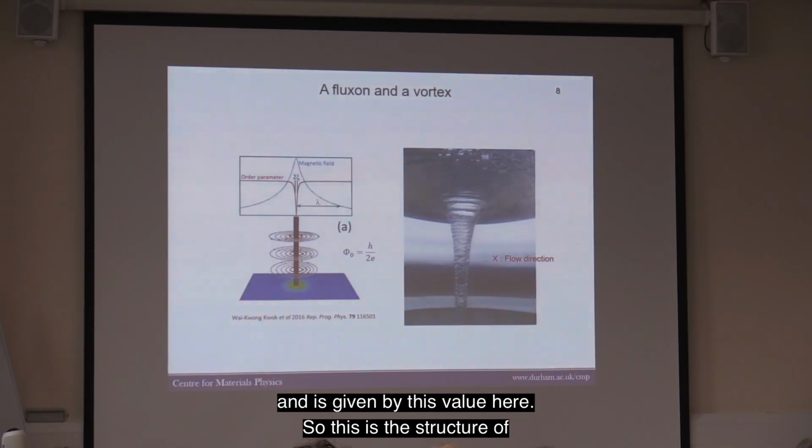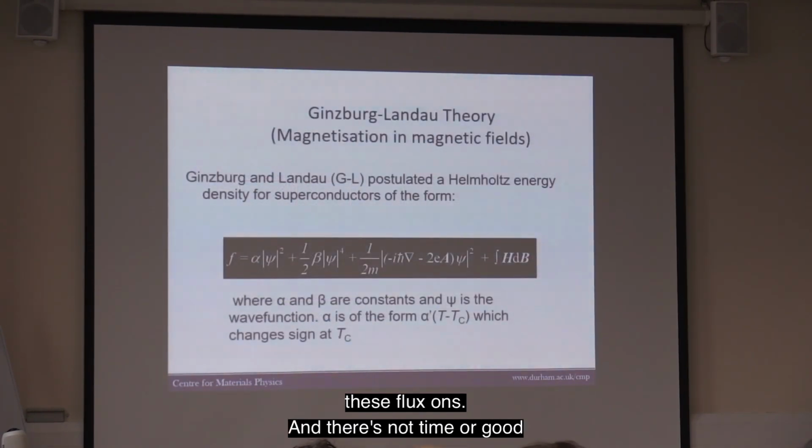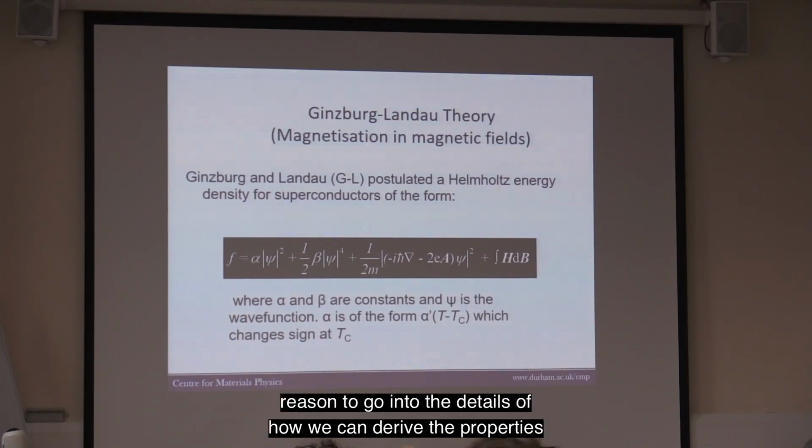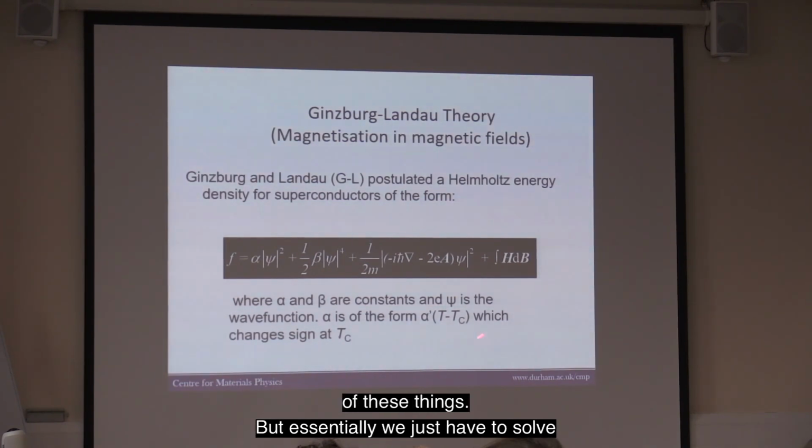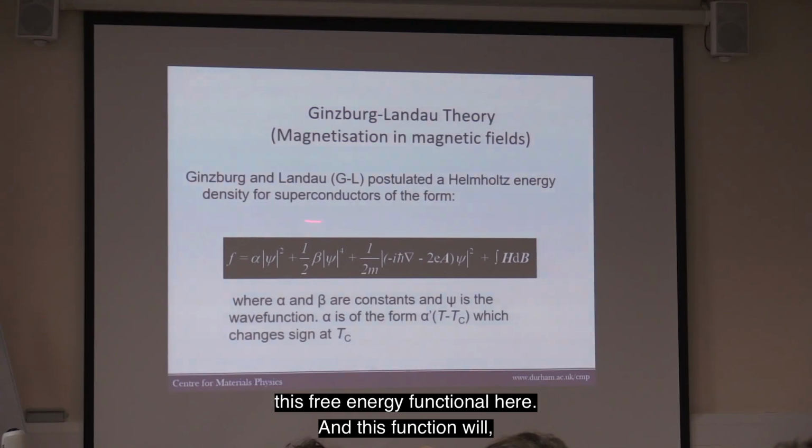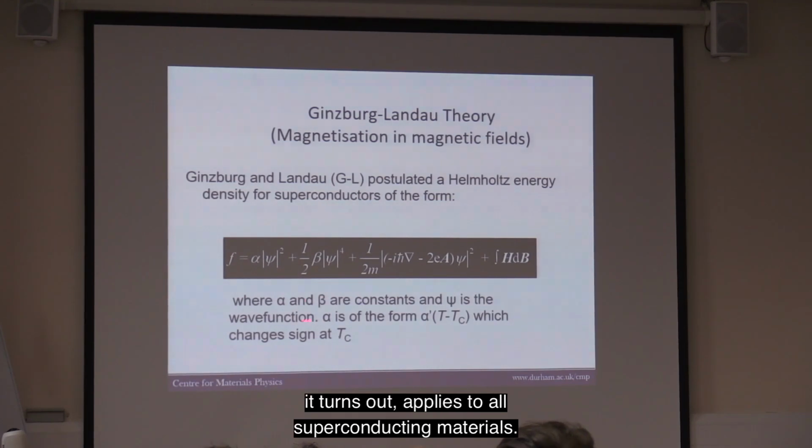So this is the structure of these fluxons, and there's not time or good reason to go into the details of how we can derive the properties of these things, but essentially we just have to solve this free energy functional here. And this functional, it turns out, applies to all superconducting materials.